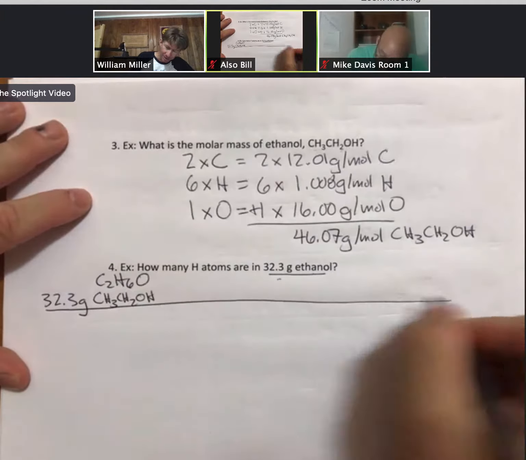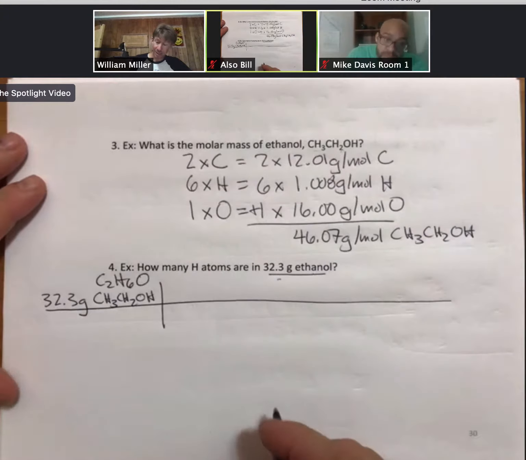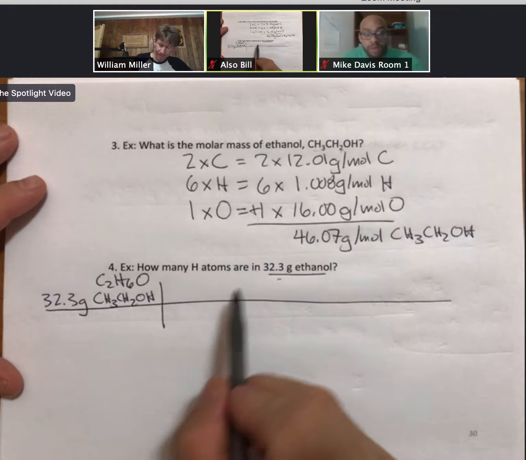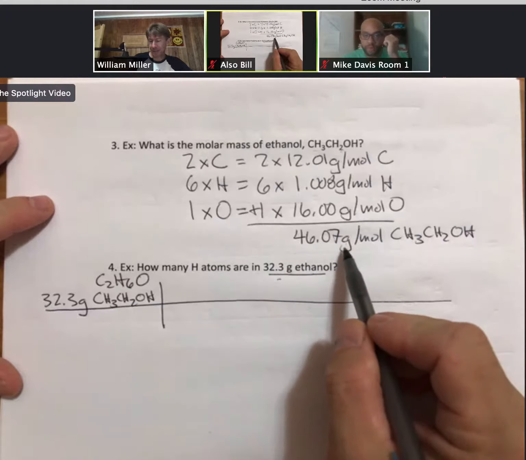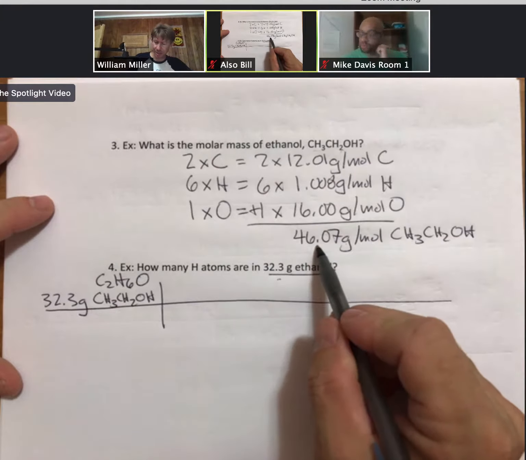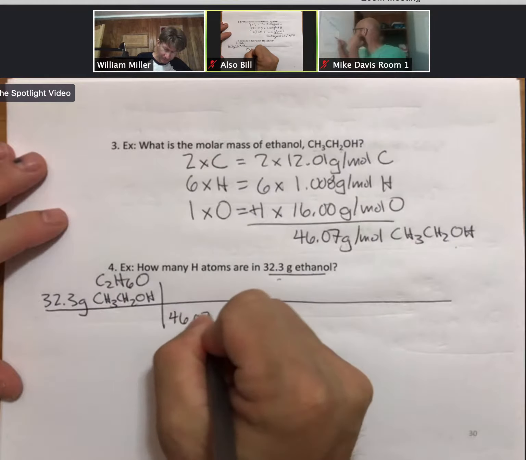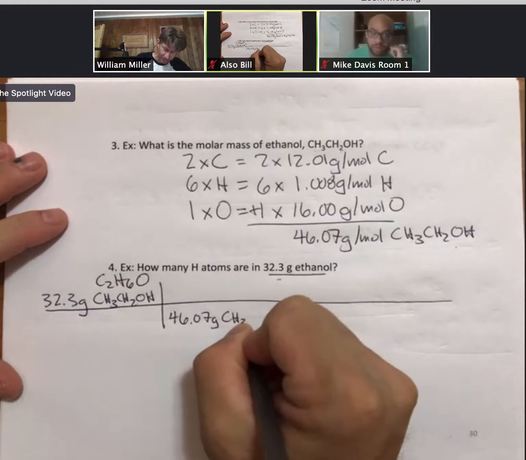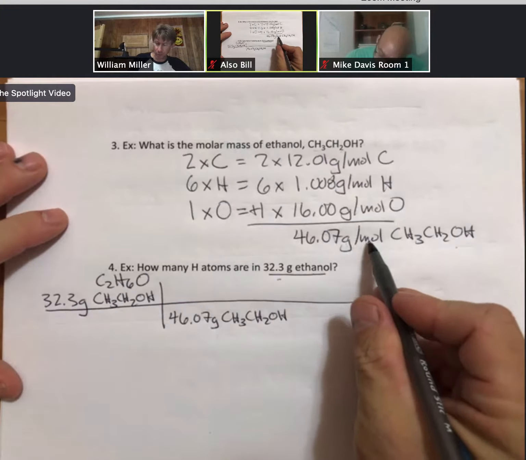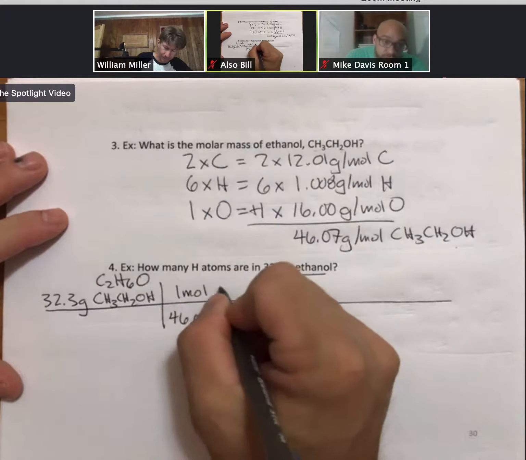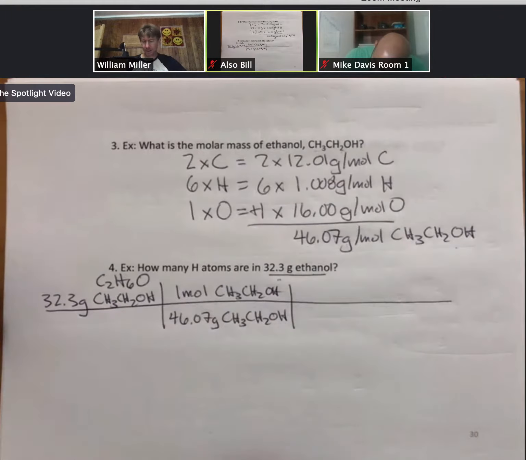I'm going to make what I call a picket fence, because we're going to have a couple of unit conversions here. The first conversion I'm going to do is going to use the molar mass. Molar mass is 46.07 grams of ethanol per 1 mole, like so.